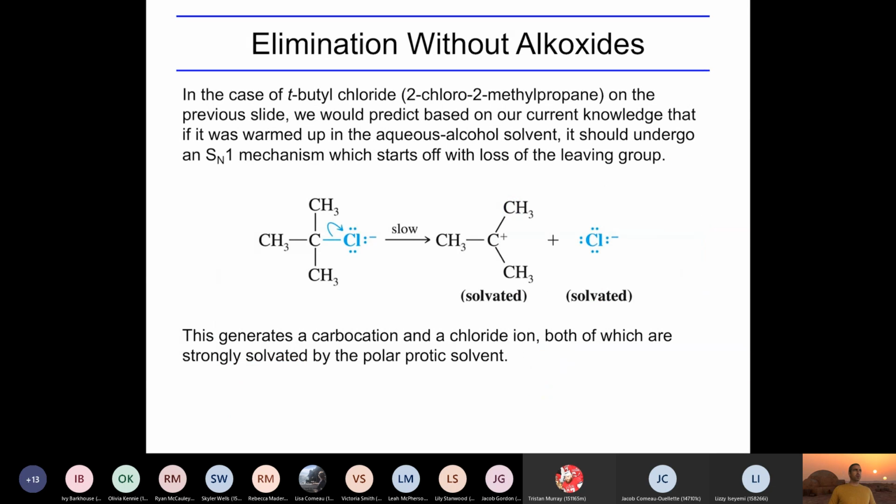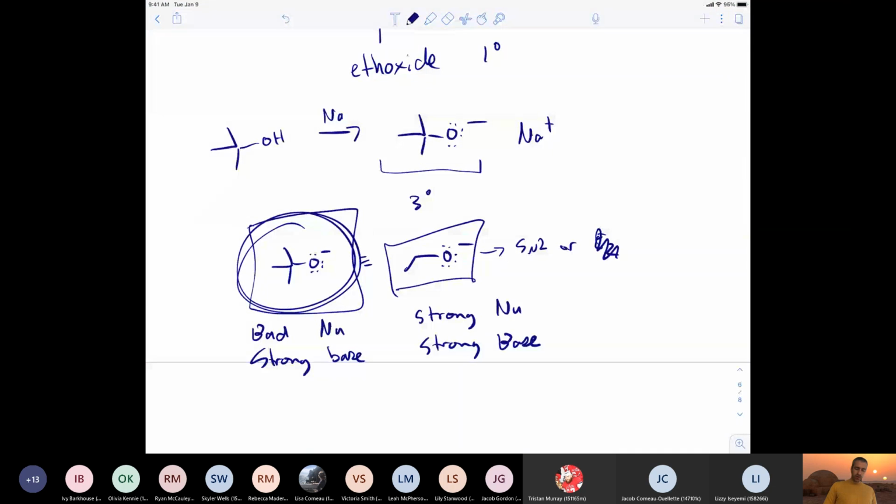So how does this work? What's going on in these particular cases? Okay. So in the case where you have an alkoxide, let's go back to our example that's here. Br, it's primary.